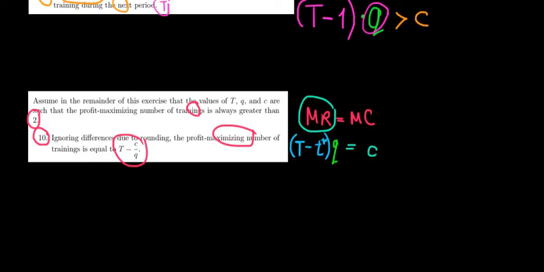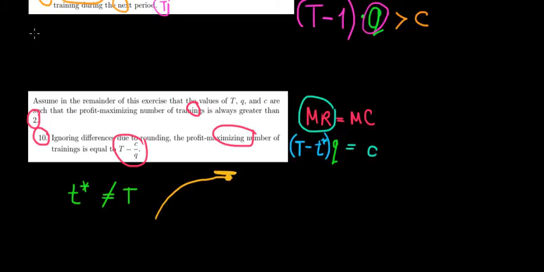Because what's the idea here? The idea is that the optimal number of training is not gonna be all the periods until the retirement, right? We're going to have a point where it's not wise for us to invest in training anymore because of diminishing returns. Like, we cannot train a person to be incredibly good all the time. He's gonna improve, but improve at a diminishing rate. And when he hits diminishing returns of productivity, we stop there.